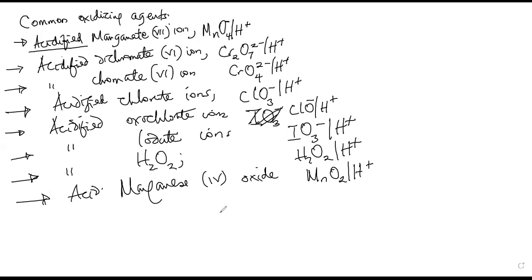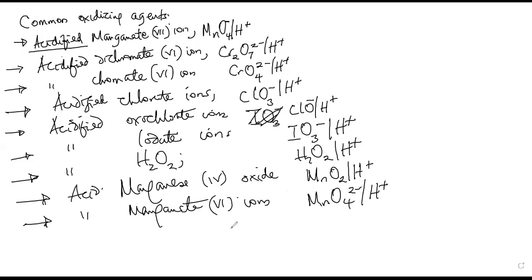Then let me say acidified manganate 6 ions, and those ones are written as MnO4 2 minus, H plus.